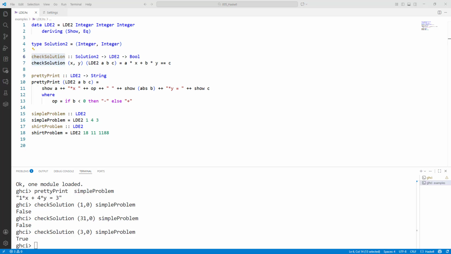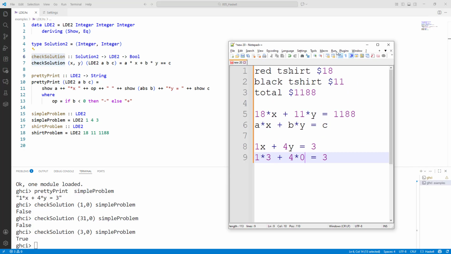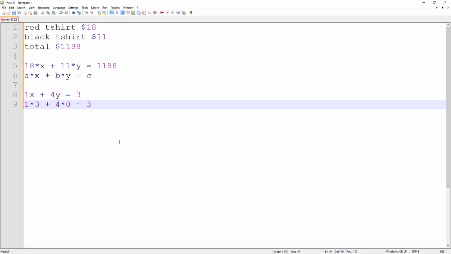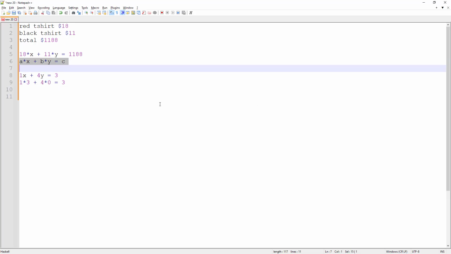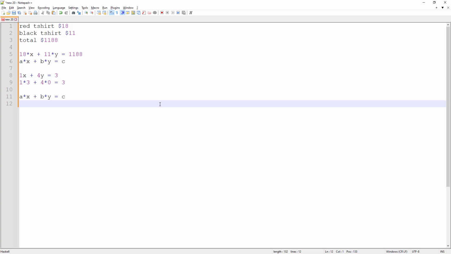Well, this is probably one of the oldest algorithms in the world. So we should find a way to resolve this one: a times x plus b times y equals c, considering the fact that everything here is a whole number.